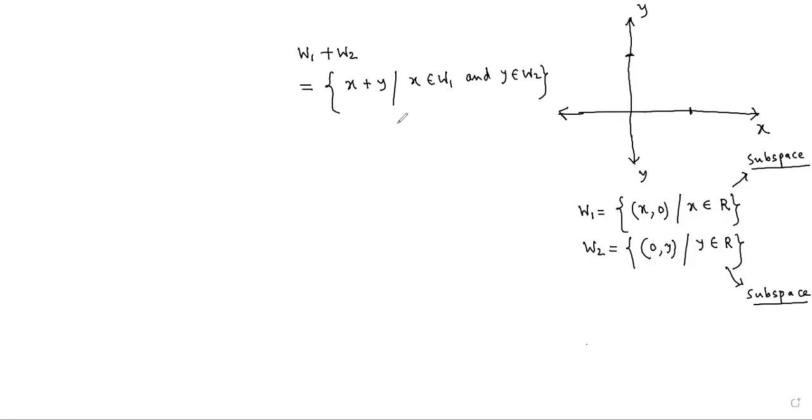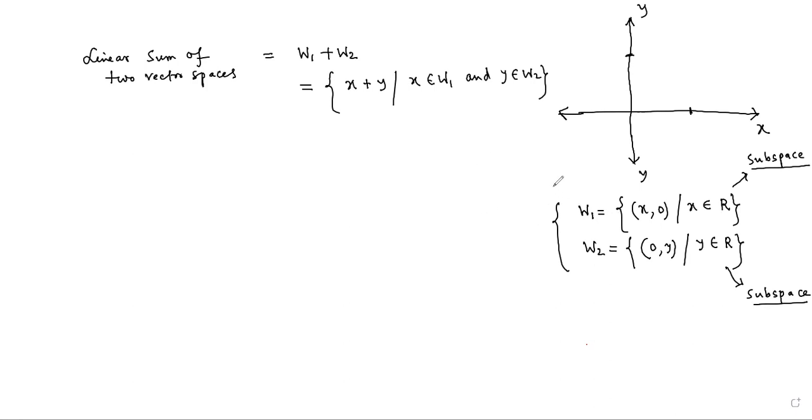That is the definition which is given in the book on page number 22. So this is called the linear sum of two vector spaces. Let me write it over here: the linear sum of two vector spaces is defined as the following.